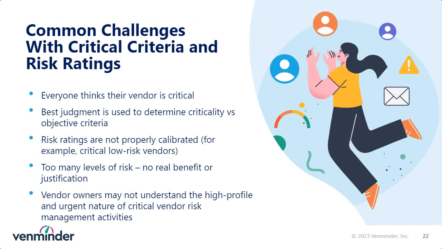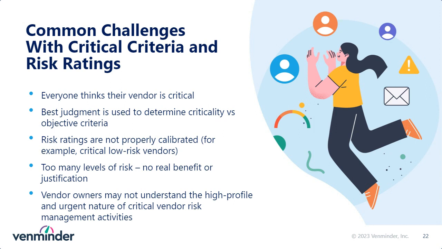Now, here are some of the challenges with critical criteria and risk ratings. The very first one is that everyone thinks their vendor is critical. And in truth, that vendor may be critical to that line of business or to that project, but it is not critical to the enterprise, to the organization.